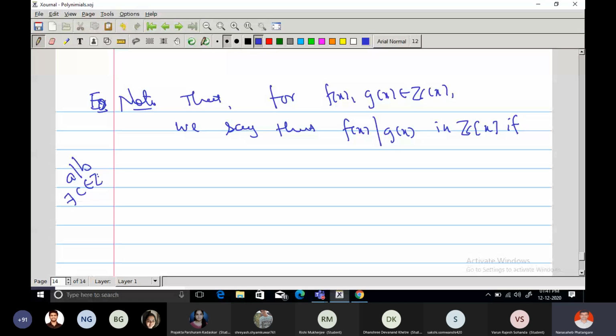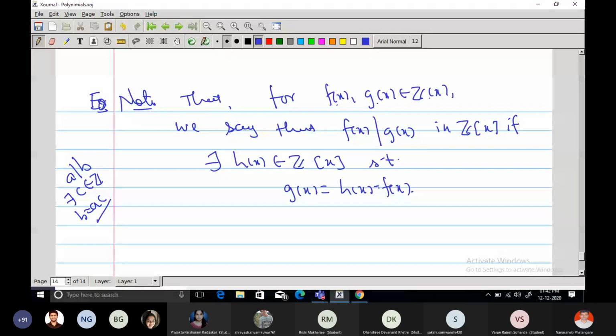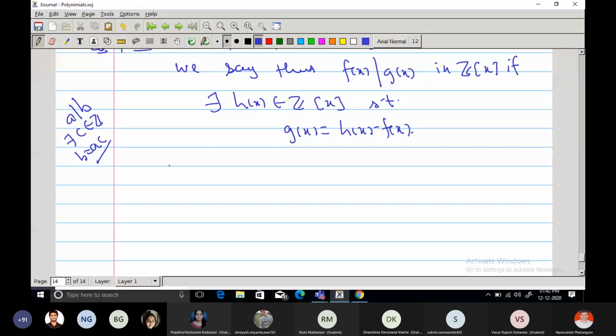That means a divides b in integers, so everything is integer. The other factor or quotient is an integer. When I say that fx divides gx in Zx, that means there exists hx in the same set such that gx is equal to hx into fx. This is by definition, correct? Am I right? Right?